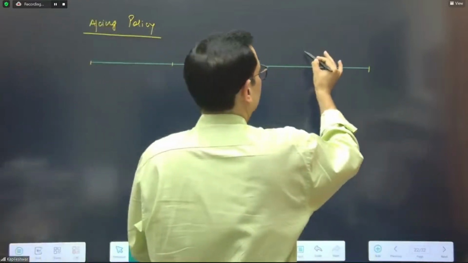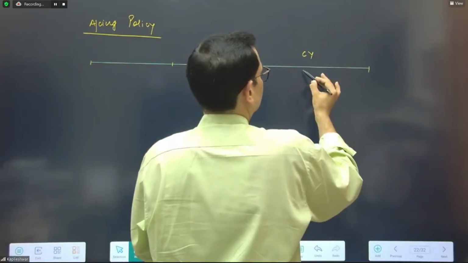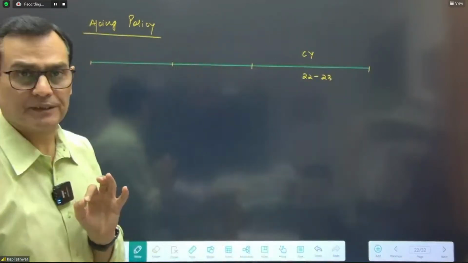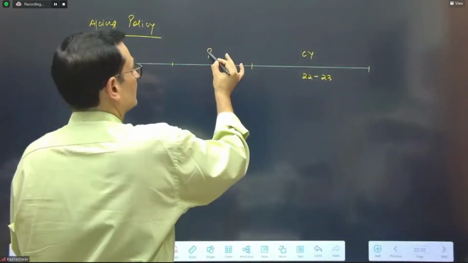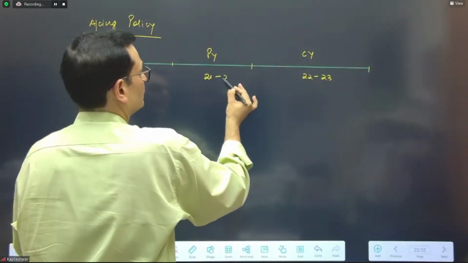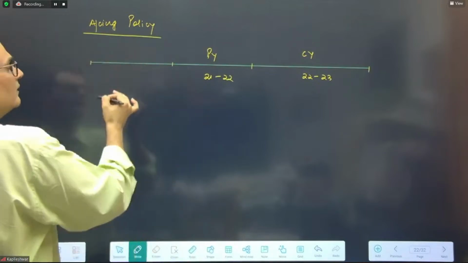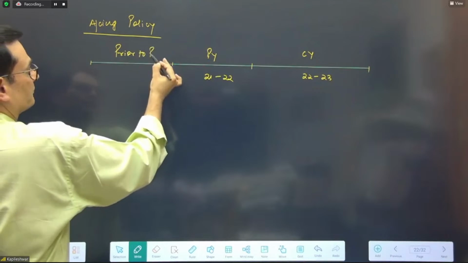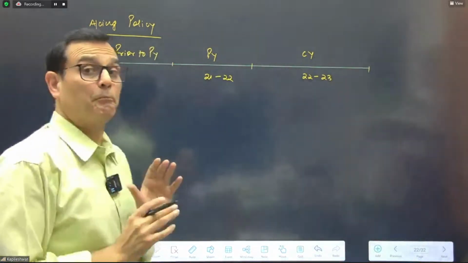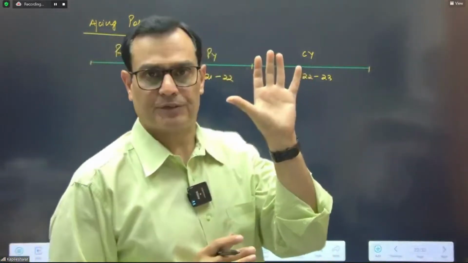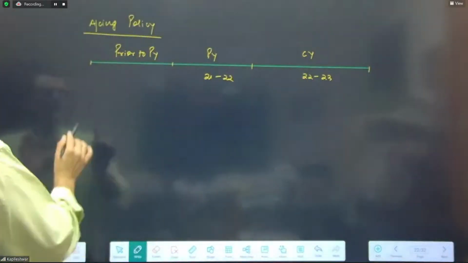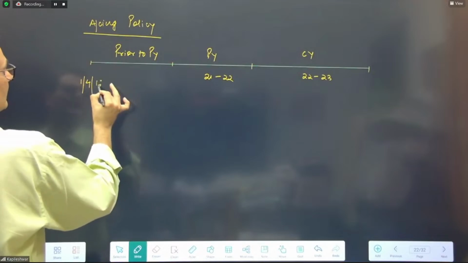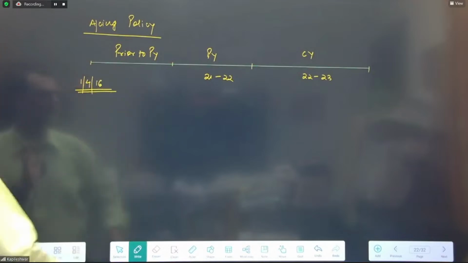Let us say this is the current year, 22-23, April to March is the financial year. This is the previous year, that is 21-22. And this is the years which are prior to the previous years. Let's consider this date to be 1st April 2016.